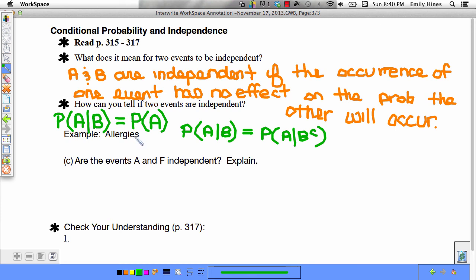You can also think about it in the sense of, if I know that B occurs, does that give me any additional information about whether or not A occurs? So basically I'm asking if there's any association between the two. If there's some kind of association between the two, then chances are it is not independent. I can also think about, in terms of probability rules, does it change my overall total?